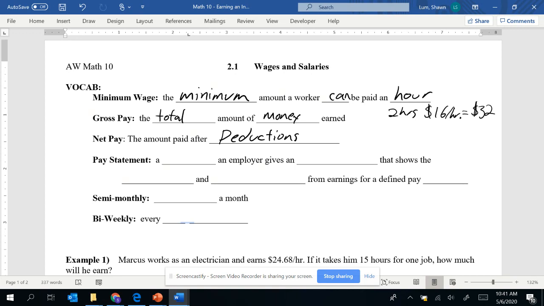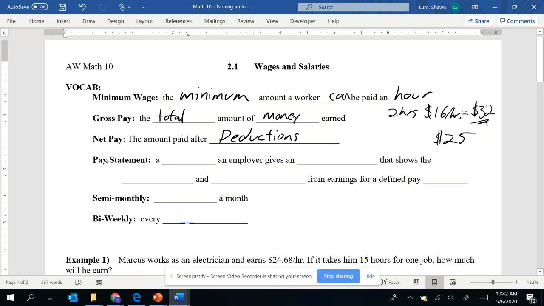You might need to pay your CPP, your Canadian Pension Plan. You might need to pay all of that kind of stuff into your deductions. So if your gross pay was $32, your net pay might be, say, $25. So this would be your net pay. It's the amount after you have your deductions.